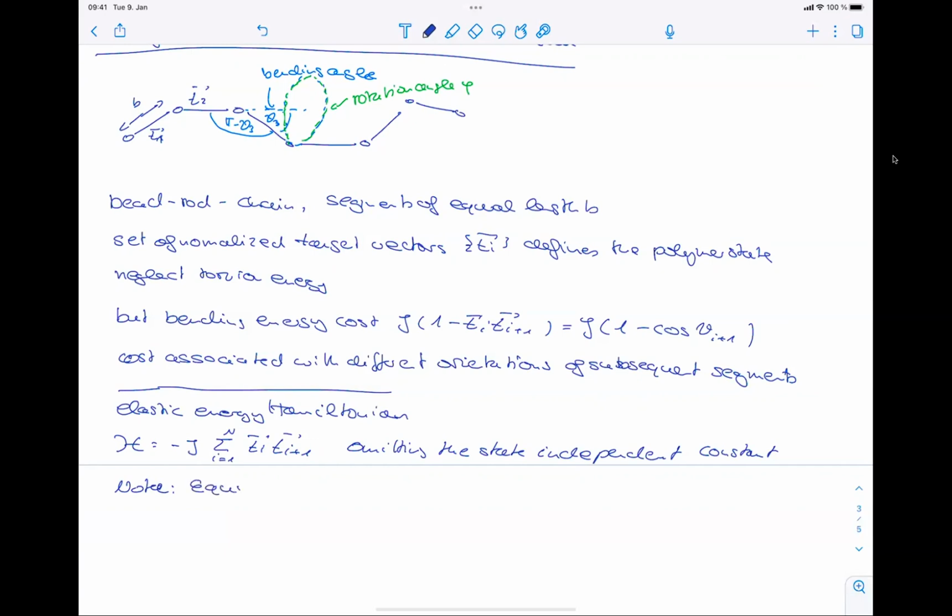So that's equivalent to the 1D Heisenberg paramagnet with nearest-neighbor interactions.